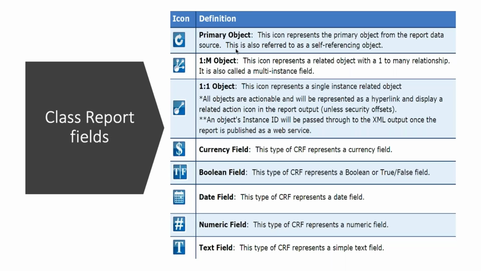So in Workday, you have already understood what a primary object is. Then comes the next thing, the multi-instance field. The one that you are seeing here as a one-to-many relationship is called a multi-instance field. Suppose a worker can have different kinds of organizations in which they sit.